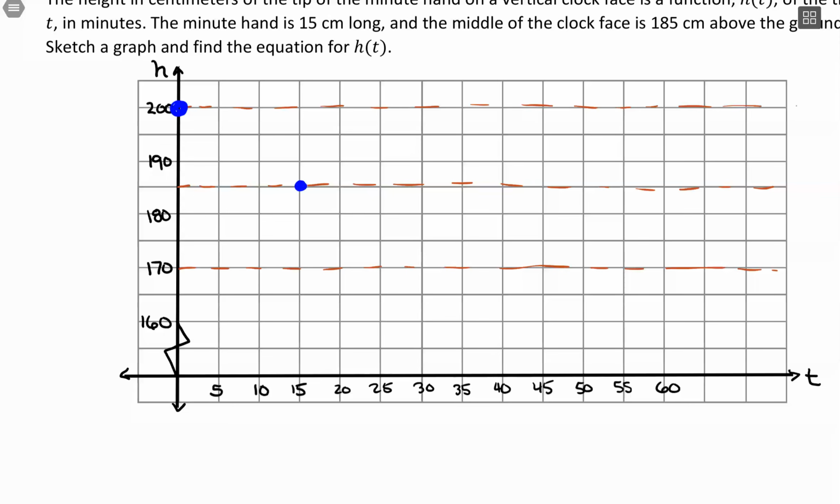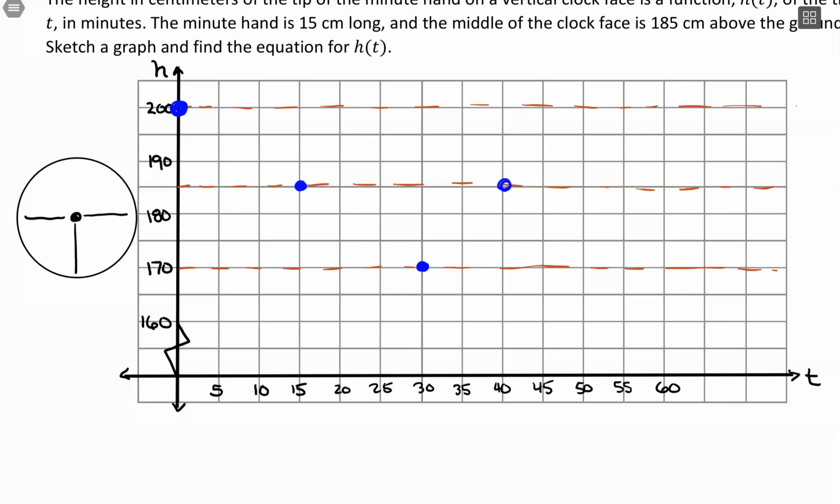Alright, based on the clock, let me just draw a clock over here. If we're at 15 minutes, we would be right there. And then at 30 minutes, we would be at the minimum height. And at 45 minutes, we would be back to the midline.